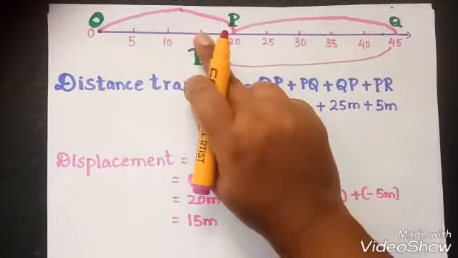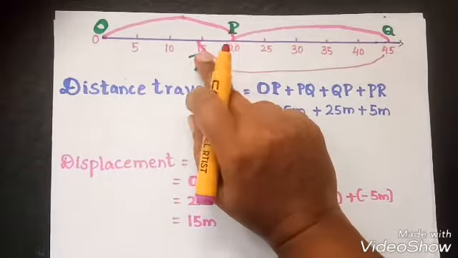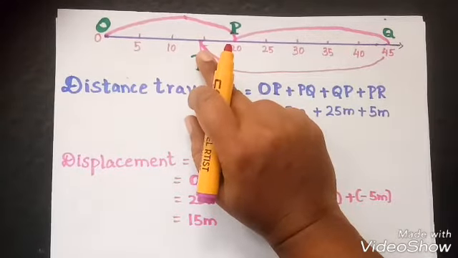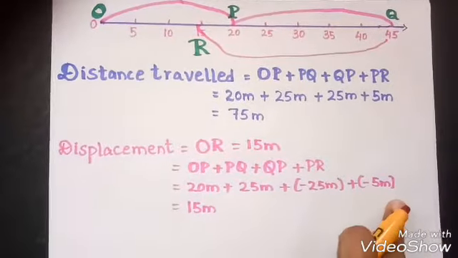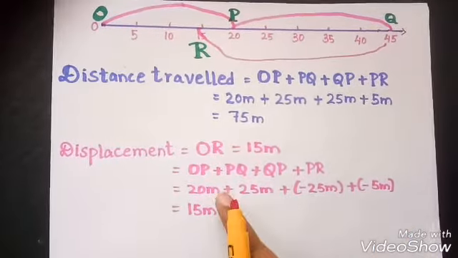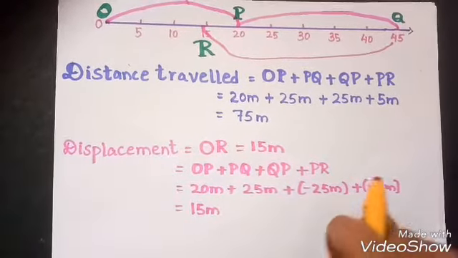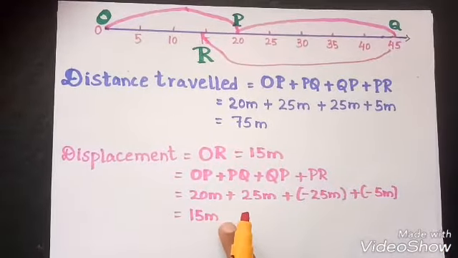That is P to R. It is moving in left side direction. So left side means there its length we are taking along with direction. So that is minus 5 meters. Then what do we get? The displacement 20 meters plus 25 meters minus 25 meters minus 5 meters. We get displacement as 15 meters.